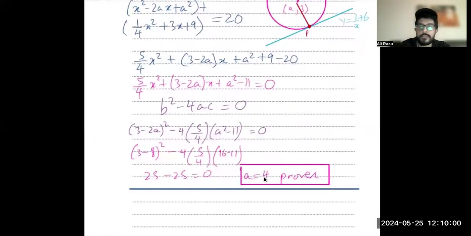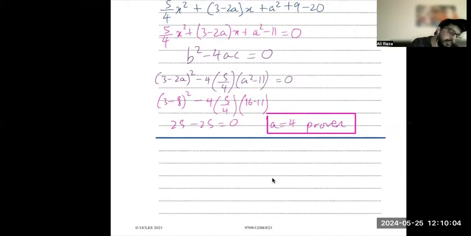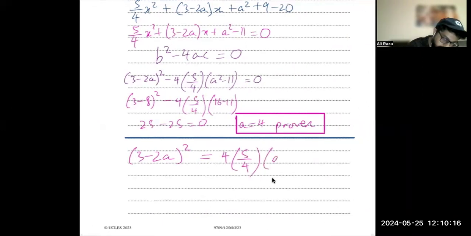We can use the b squared minus 4ac equation again. (3 minus 2a) whole squared is equal to 5a squared minus 11, times 5 over 4 times 4.